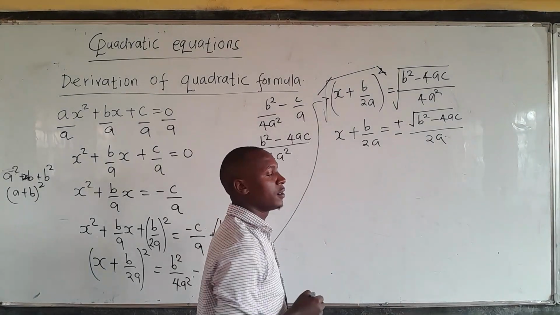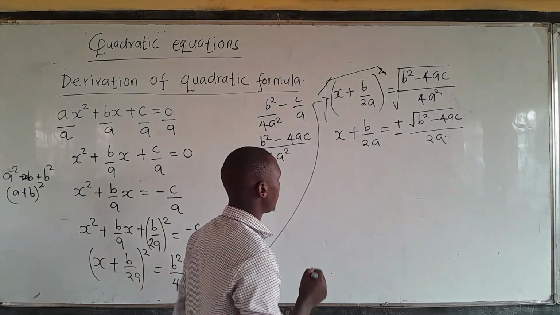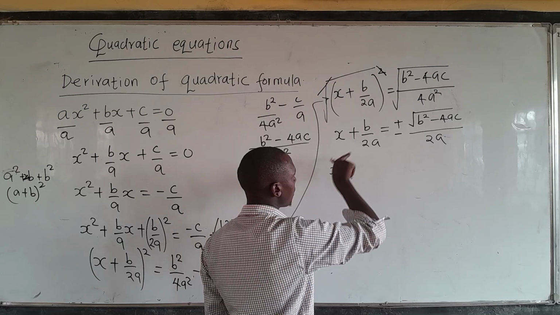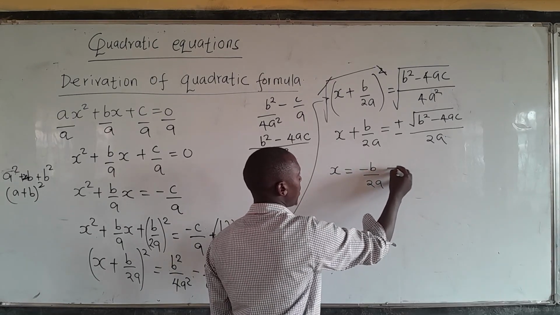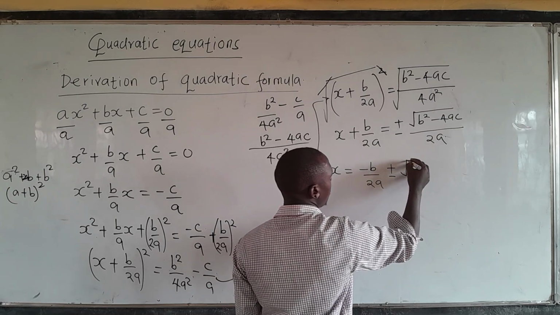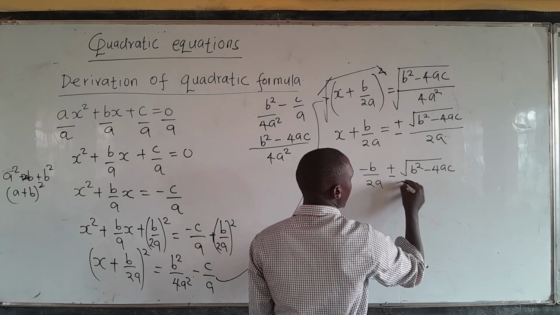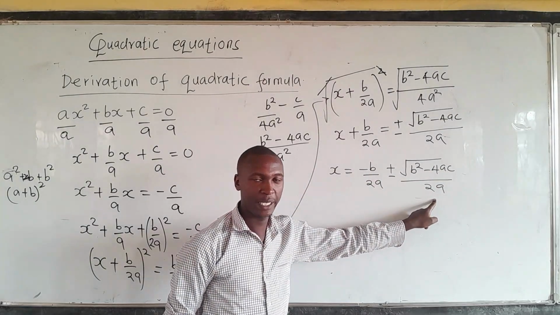Alright, so our next step is to solve for x. We need to remain with x on this side, so x equals, now b over 2a goes to the other side and becomes negative b over 2a plus or minus the square root of b squared minus 4ac, divided by 2a. You notice we have a 2a and a 2a in the denominator.